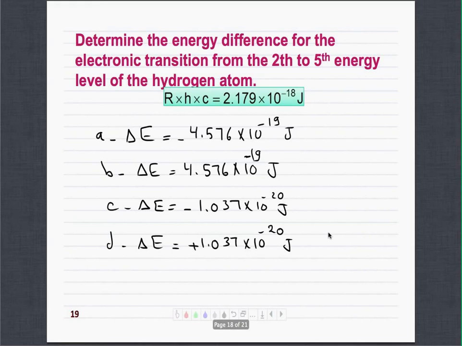It's supposed to be from the first to the second, and the idea behind it is that it's going to be exactly the same energy, but instead of minus, it's plus. So this is the idea of the question, to get it the other way around. The electron in the first question transitioned from 2 to 5. In this case, it's going to go from 5 to 2. So it's going to be opposite: the same amount, but opposite in sign. Okay, let's do this one in here.